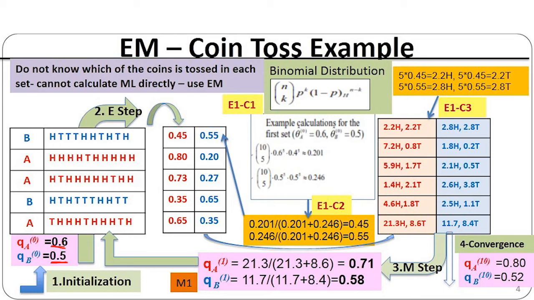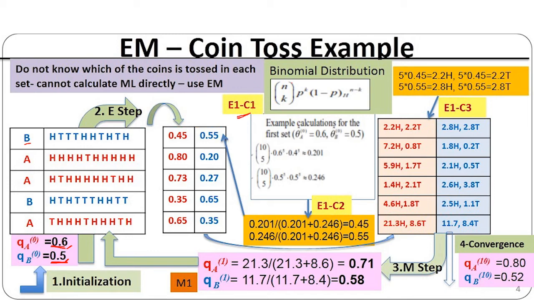Now from those events, the initial values which I will consider, randomly selected, are 0.6 and 0.5. For the first set of events, which is B, with 5 heads and 5 tails, I'm going to substitute these values using the expectation step.